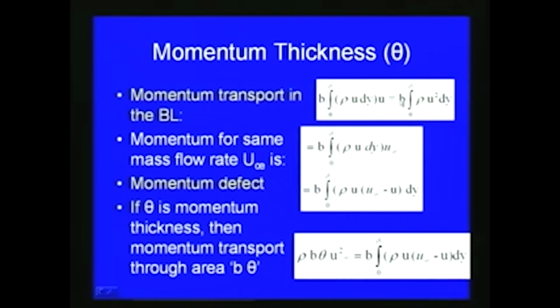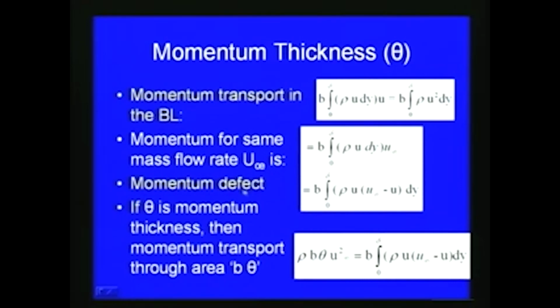That is equal to b ∫ from 0 to δ of ρ u² dy. Now the momentum for the same mass of flow at the free stream velocity u∞ is b ∫ from 0 to δ of ρ u dy times u∞. Between these two expressions, you can see that there will be a momentum defect, or reduction in momentum.